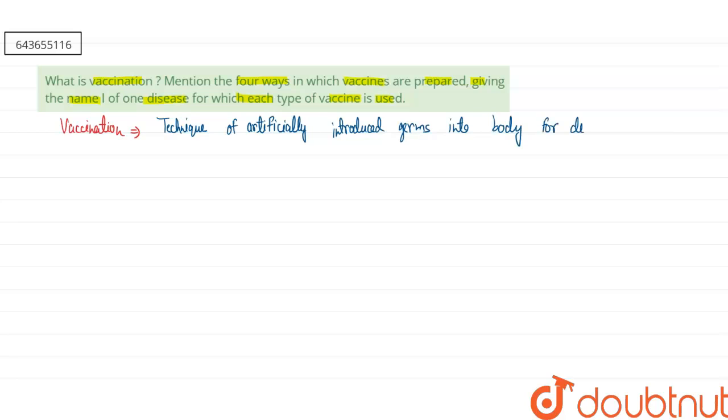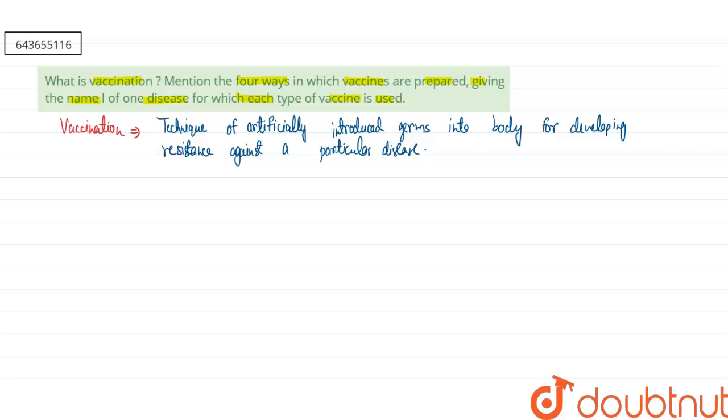The main purpose of vaccination is developing resistance against a particular disease. It will give resistance only against a specific type of disease. So this is vaccination.